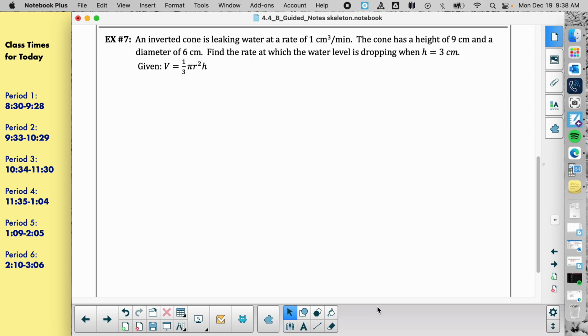So let's start by drawing it. Inverted cone leaking water, all right. So I'm just going to draw a two-dimensional view of it.